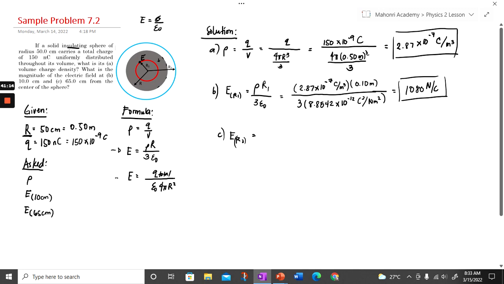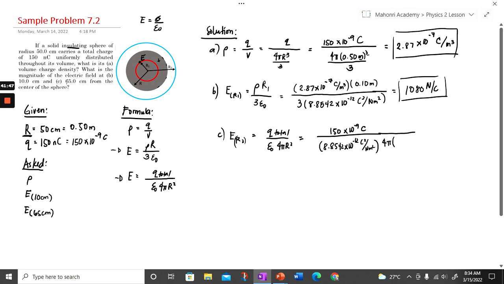So we have to use this equation right here, wherein you have your Q total divided by epsilon naught times 4 pi r squared, and that is equal to 150 times 10 raised to negative 9 coulombs divided by 8.8542 times 10 raised to negative 12 coulombs squared per newton meter squared, multiplied by 4 pi r squared.